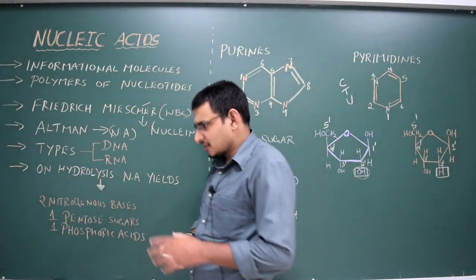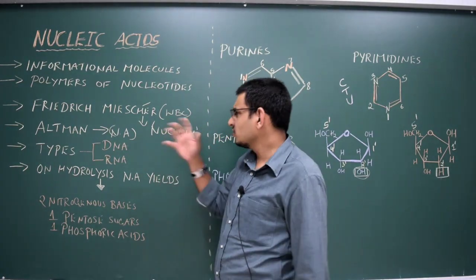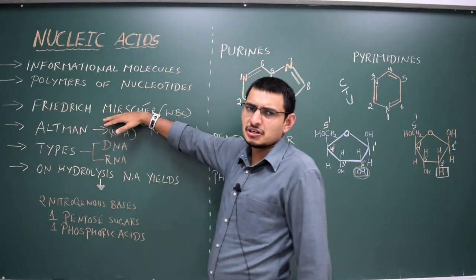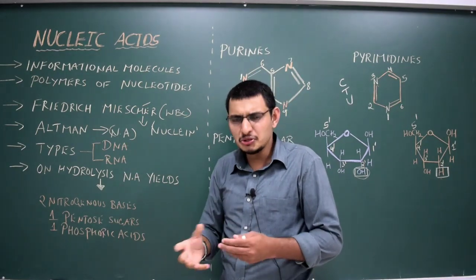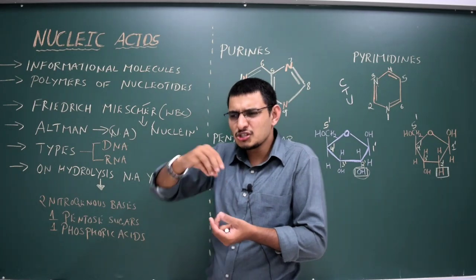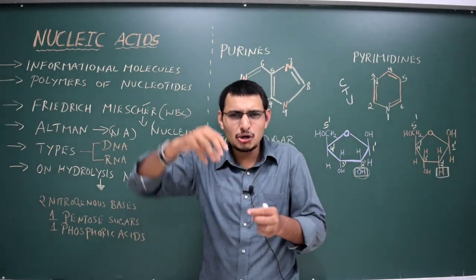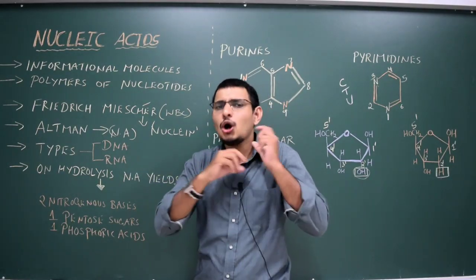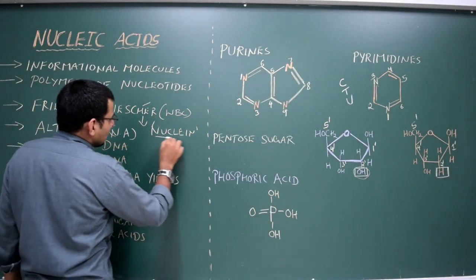Yes, for the first time, before 1900, a scientist called Frederick Miescher was doing some experiment related to WBC, and accidentally he saw a structure which was situated at the center of the cell. He could say that this structure was present within the nucleus, and he called it nuclein.